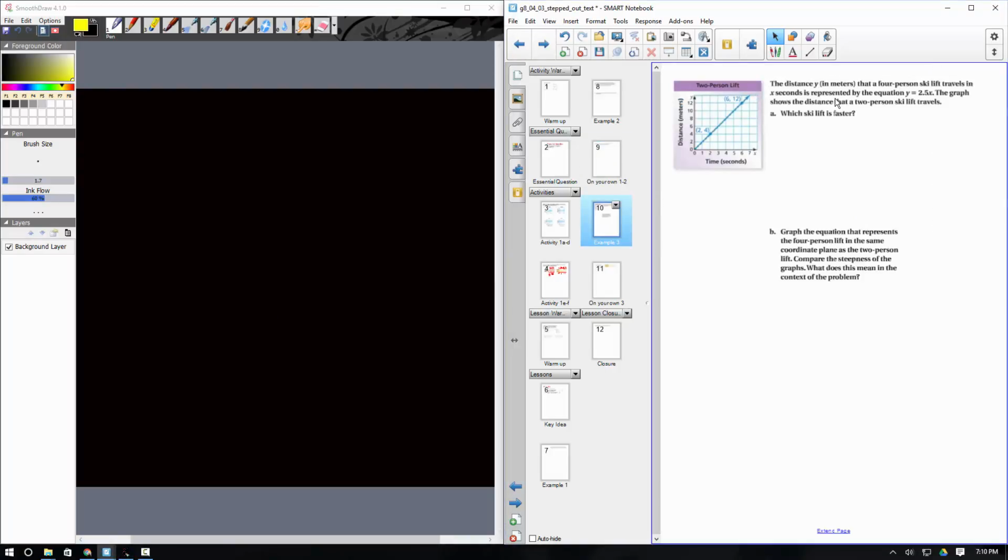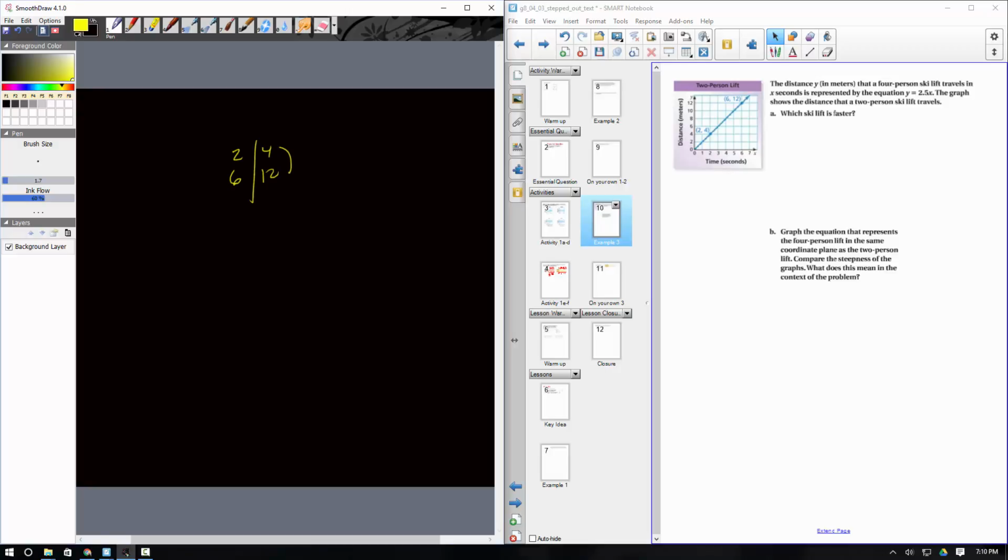For the next one, it says the distance in meters a 4-person ski lift travels in x seconds is represented by this equation. The graph shows the distance that a 2-person ski lift travels. Which ski lift is faster? Let's figure out what the slope is. That will help us out a lot. I do 2 over 4 and 6 over 12.